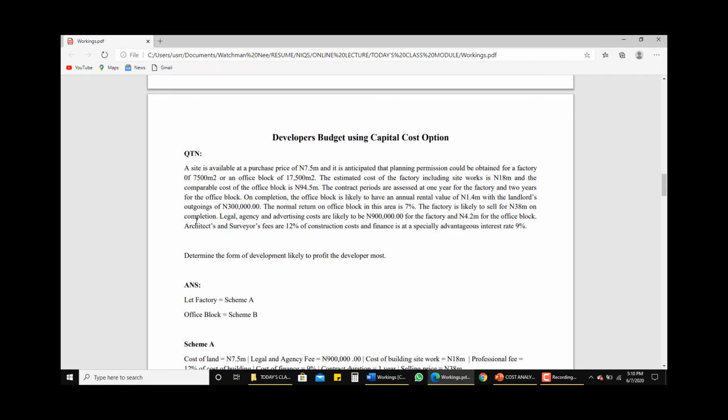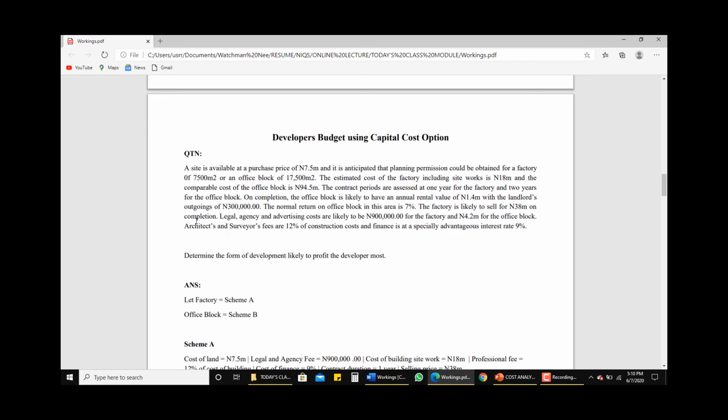So with the landlord's outgoing of 300,000 naira, the normal return on office block in this area is 7%. The factory is likely to sell for 38 million on completion. The legal, agency and advertising costs are likely to be 900,000 naira for the factory, and 4.2 million naira for the office block.